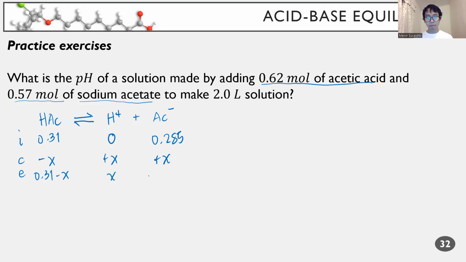This is x. And this is 0.285 plus x. Okay? From this ICE table, we can write down our Ka expression as x times 0.285 plus x all over 0.31 minus x. This is equal to?